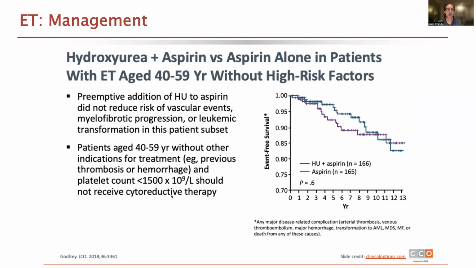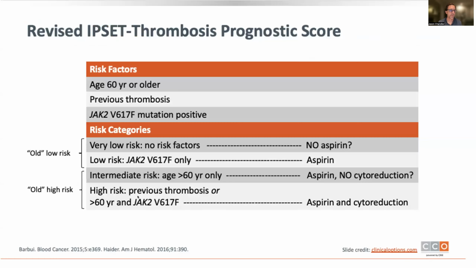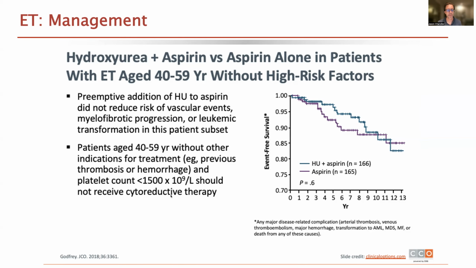So really, you don't have to start right away if they're not high risk, if they don't have those high risk factors, high risk being the previous thrombosis, greater than 60, and JAK2. It's not really clear how much hydrea is helping patients that are 40 to 59, unless their platelets get way high, like up to 1.5 million.